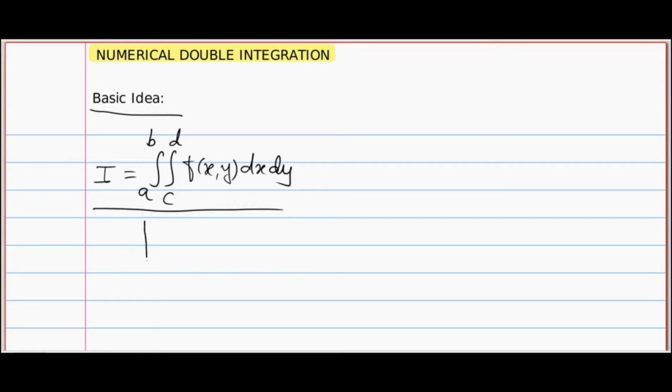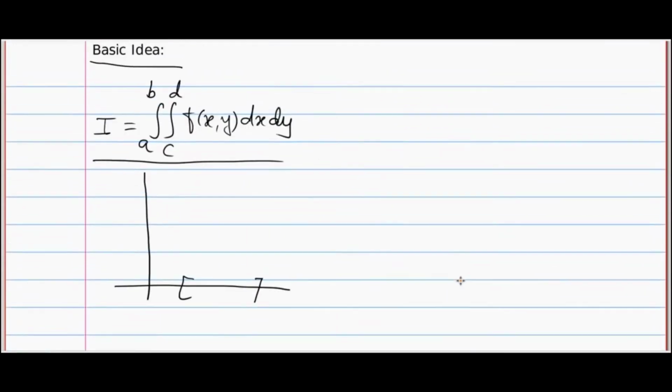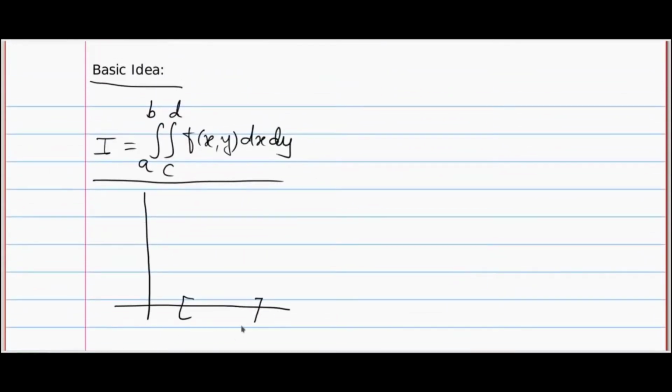The first direction is the x direction, for this interval. Suppose you have the intervals a to b and c to d.